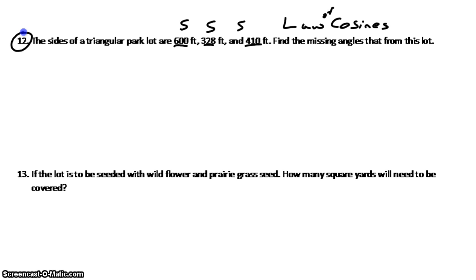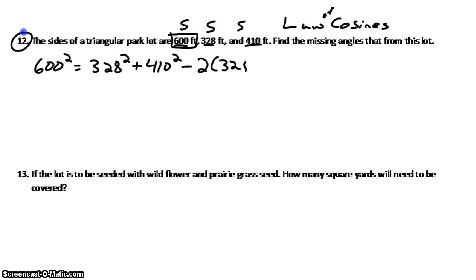Now, as I said earlier, we're going to solve for the largest side first. So we have 600 squared equals 328 squared plus 410 squared minus 2 times 328 times 410 cosine of, in this case, doesn't matter what we call it, cosine of A. So remember, cosine will allow us to find an obtuse angle.